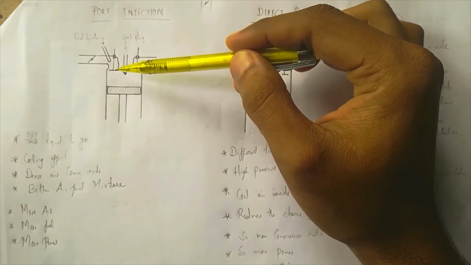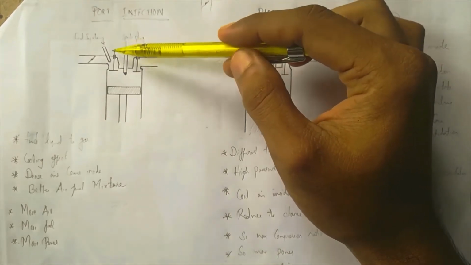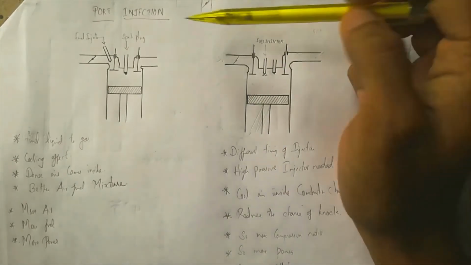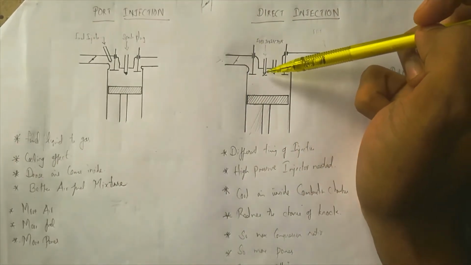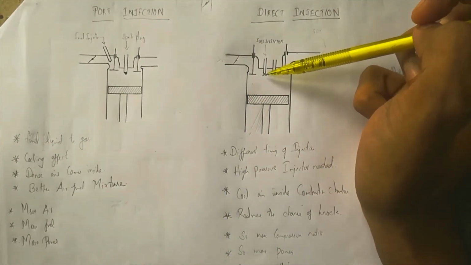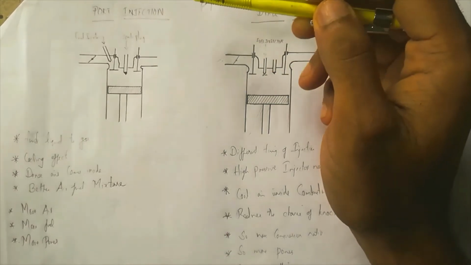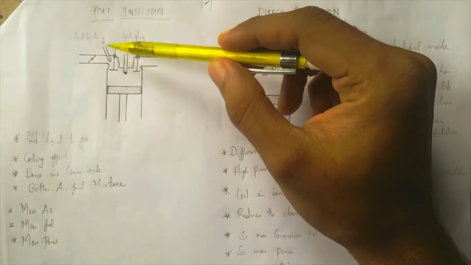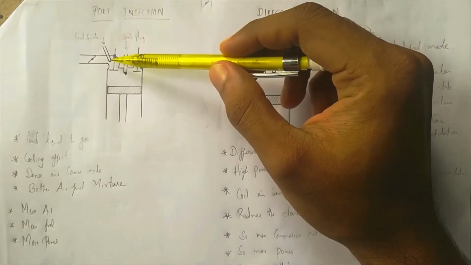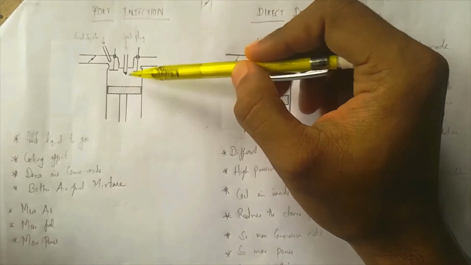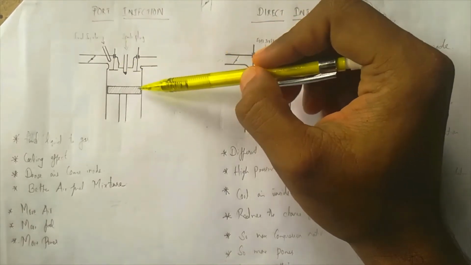Another advantage of having a fuel injector here in port injection: in case of direct injection, the injector is placed directly above on the cylinder head, directly above the combustion chamber. In port injection, as I told before, the injector is injecting the fuel even before the intake valve opens, before the suction stroke.